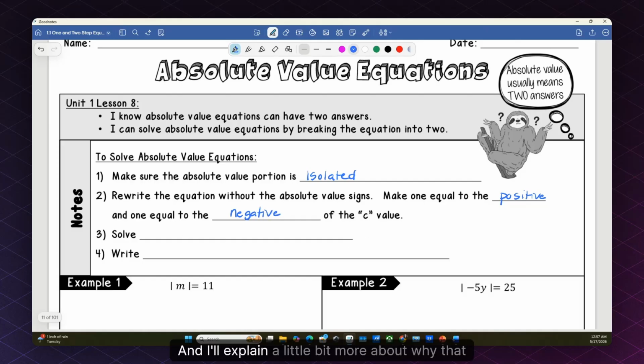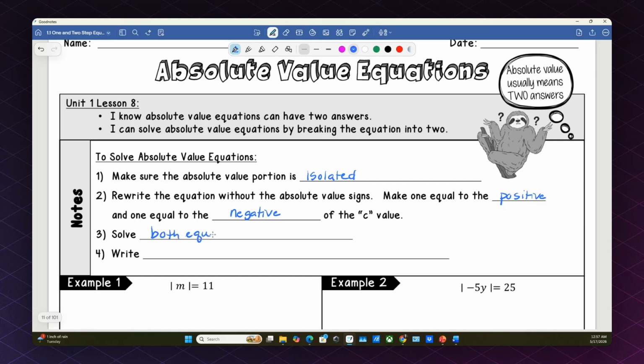And I'll explain a little bit more about why that is, here in a second. And so step three, we're going to solve both equations. And then we'll write both solutions.